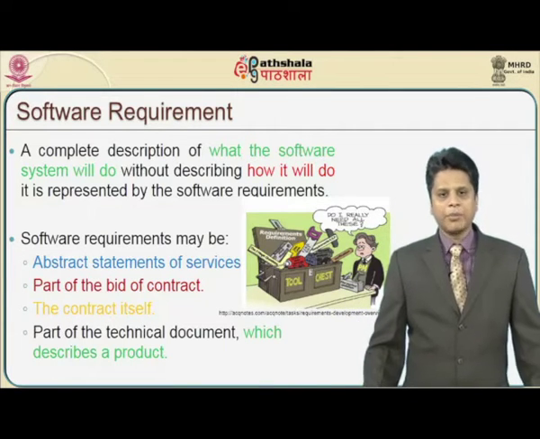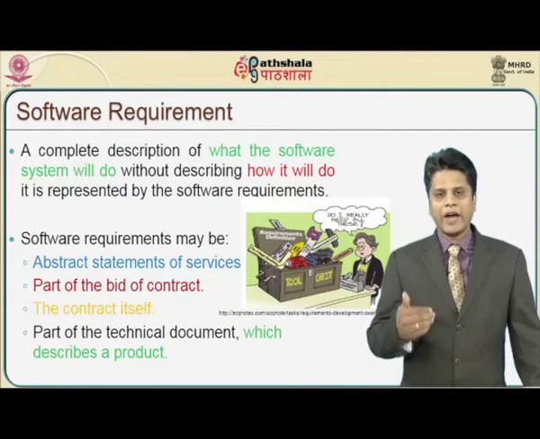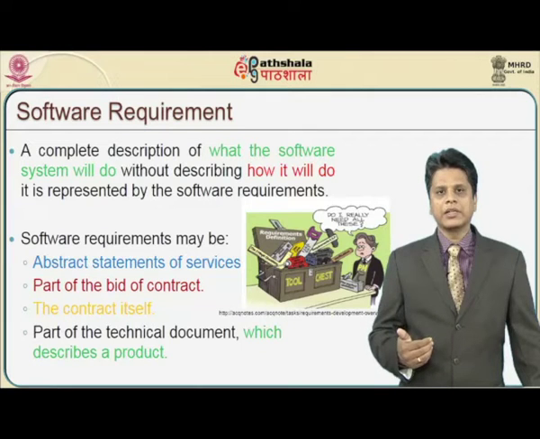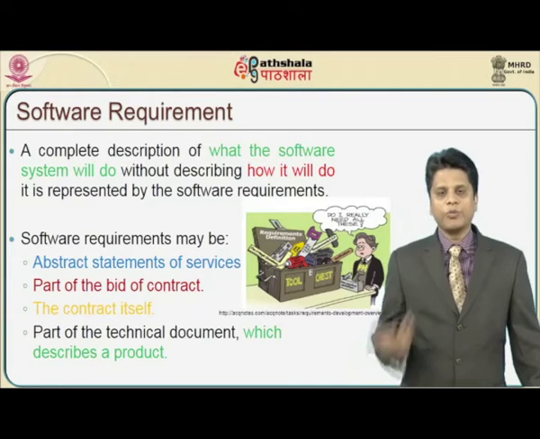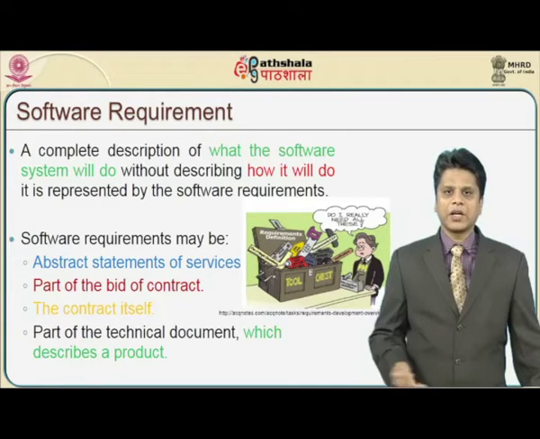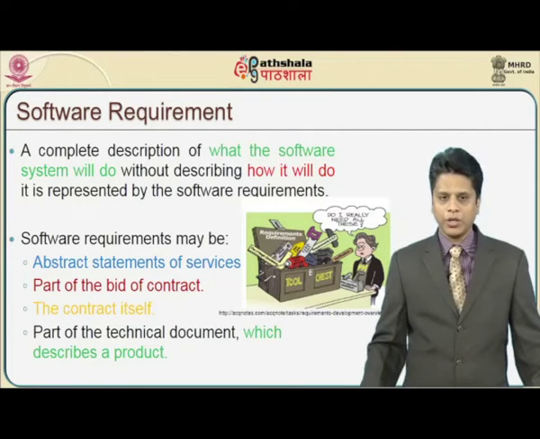The second requirement that a customer would need is part of the bid of contract. After collecting the requirements, the developers will work out how many lines of code we may have to write, what the actual blueprint is, and how many people are to be employed for this work. Based on that estimate, they will come out with a cost model.